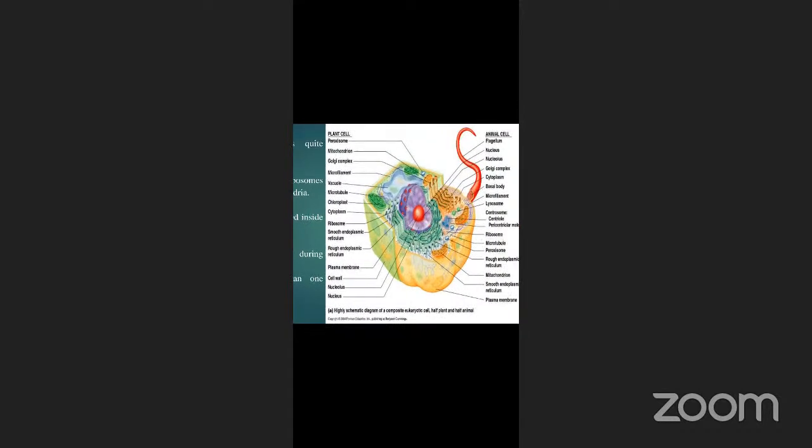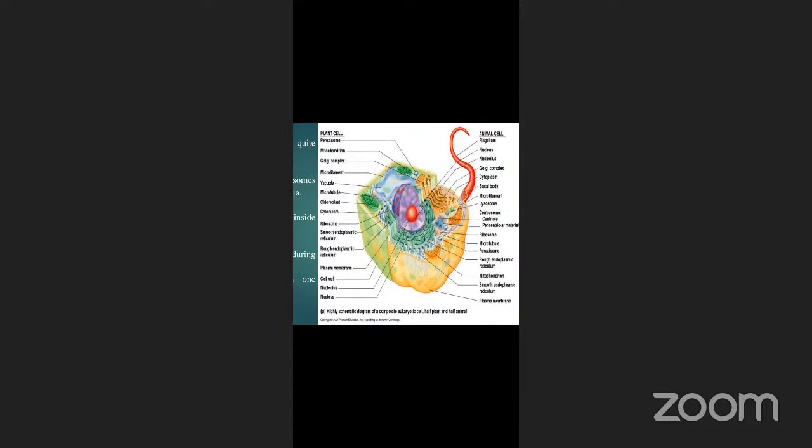Now again within the eukaryotes, we have plant cells and animal cells. Some components are present in the animal cells, some in the plant cells. I'll just read out. In the plant cell, we have peroxisomes, mitochondria, Golgi complex, microfilaments, vacuoles, microtubules, chloroplast, cytoplasm, ribosomes, smooth endoplasmic reticulum, rough endoplasmic reticulum, plasma membrane, cell wall, nucleolus, and nucleus.